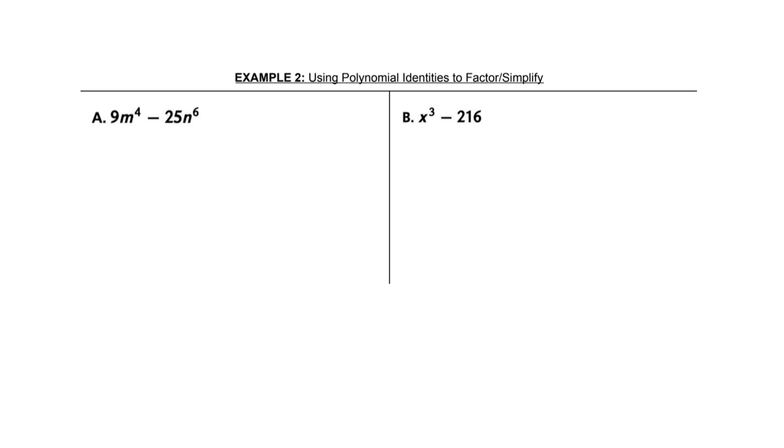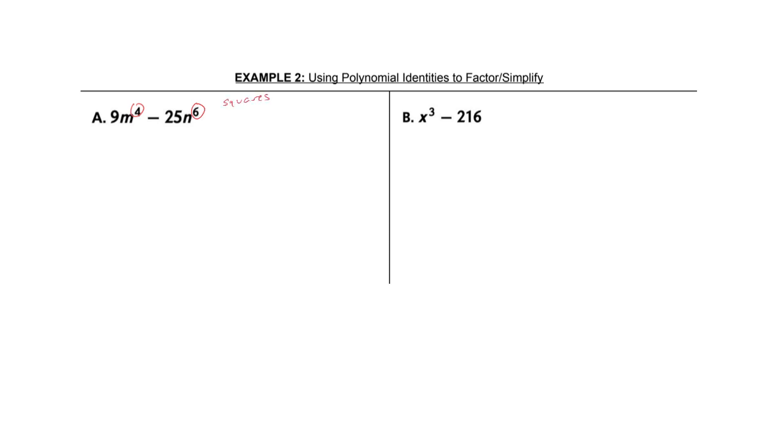We're going to work backwards now. Okay, so we're going to first have to look at the operation. We have a minus, so it's going to be a difference. We don't know what type of difference though, and then we also have even powers, so squares.